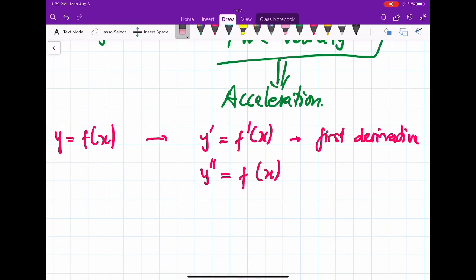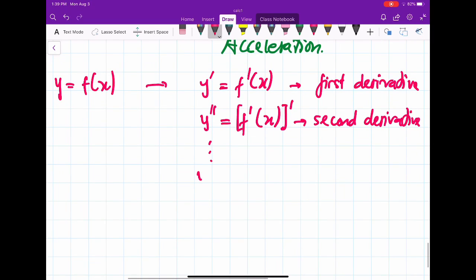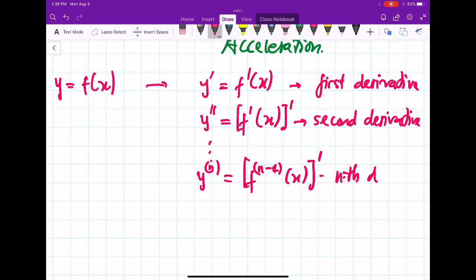Okay, let me write this form. And so on. You might have the nth derivative, which is the derivative of the order n minus 1. Okay, so all these are higher order derivatives.